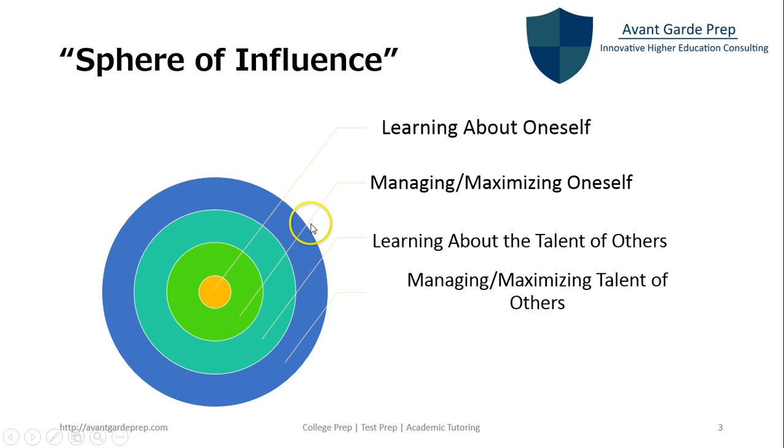From there, we'll work on managing and maximizing oneself. So now that you're equipped with this information of yourself and you've been armed with it, what do you do with that? And how do you take more ownership of your own personal development? From there, we continue to work on outside of that and learning about the talents of others, being able to identify those through the things in which they say and their behaviors and their actions, and recognizing what those strengths may be.